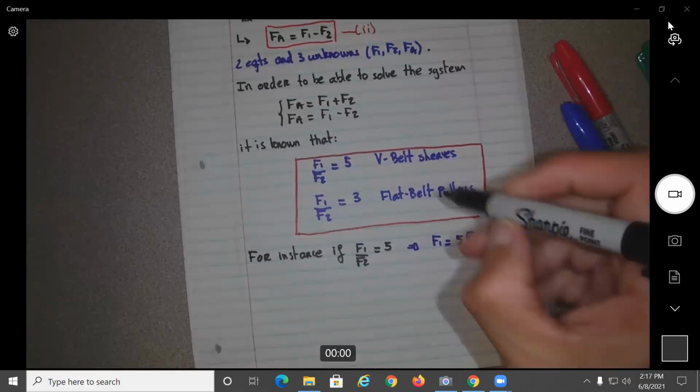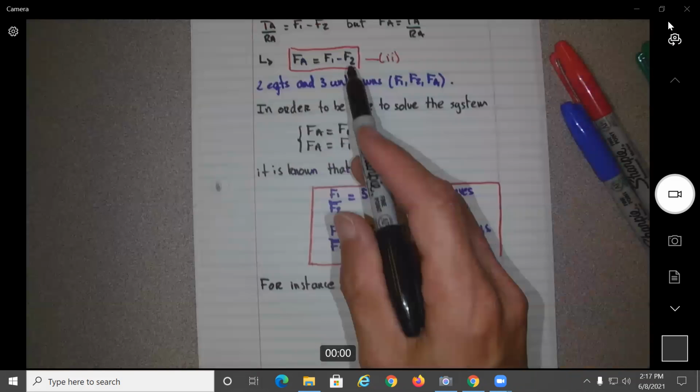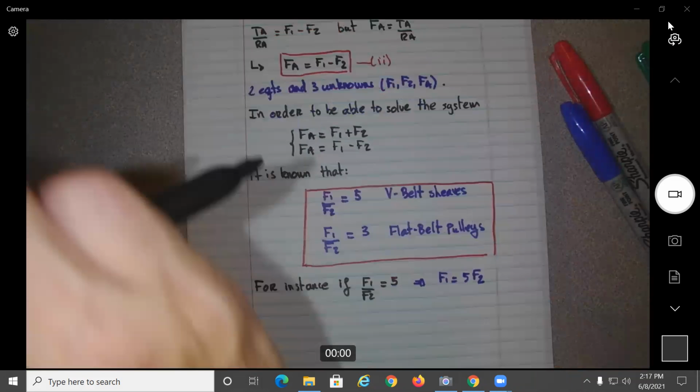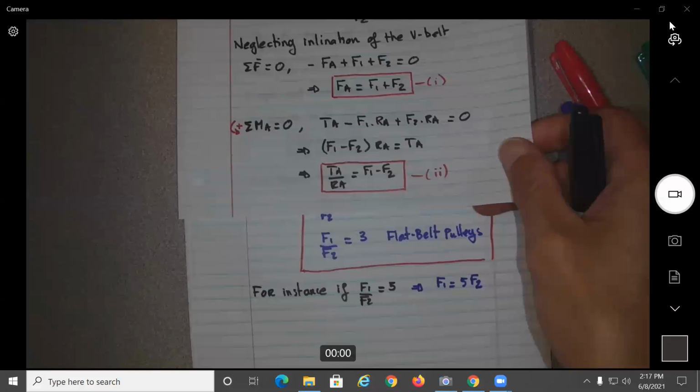So if we go and substitute, let's go back now to these equations here.